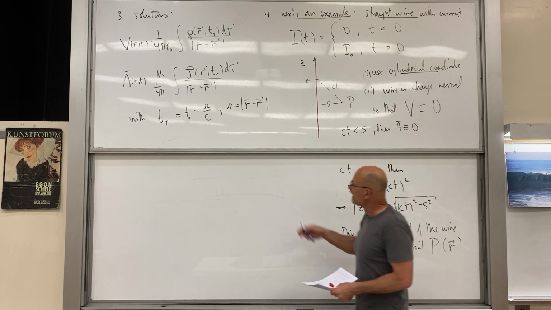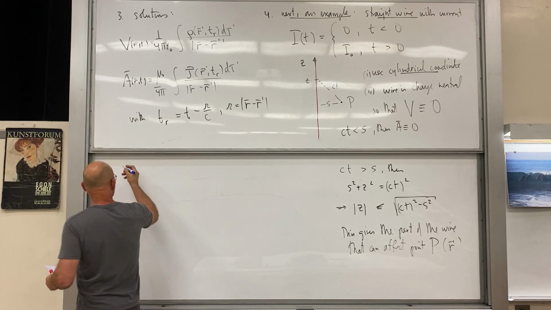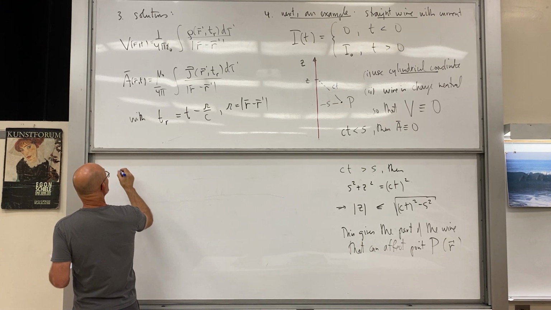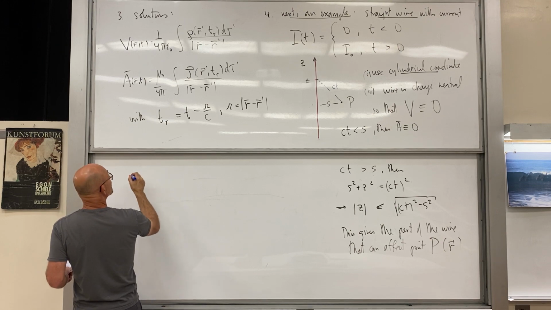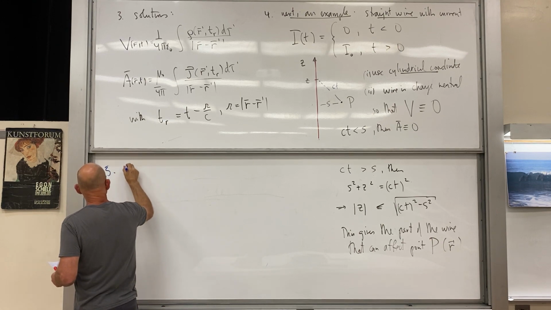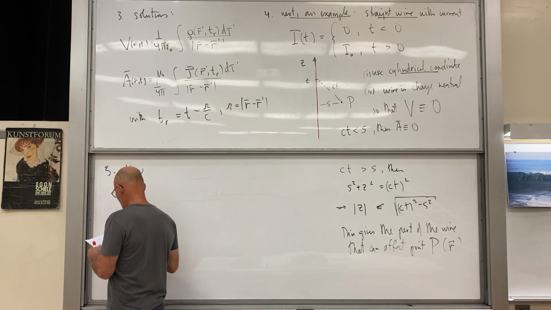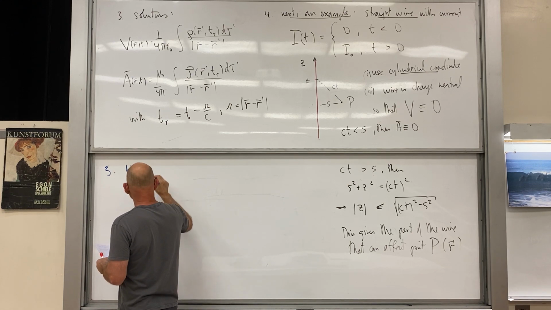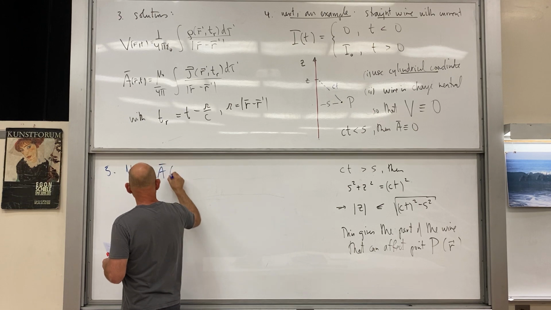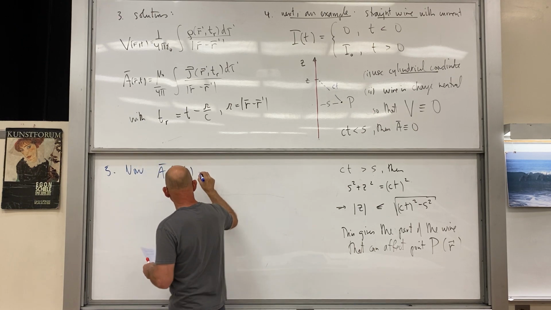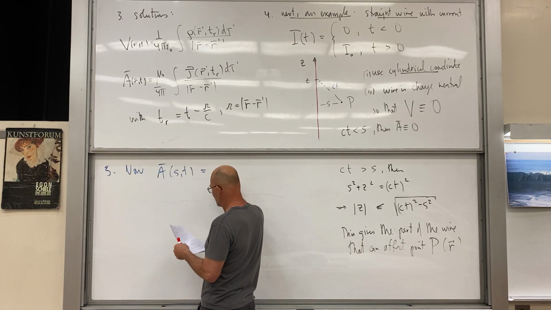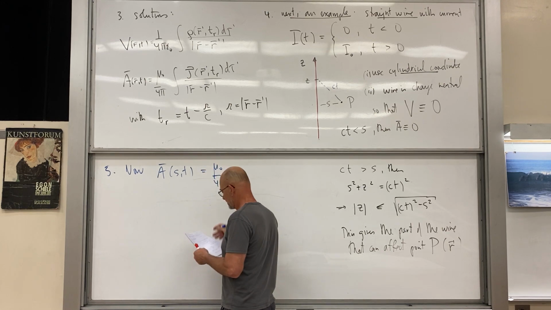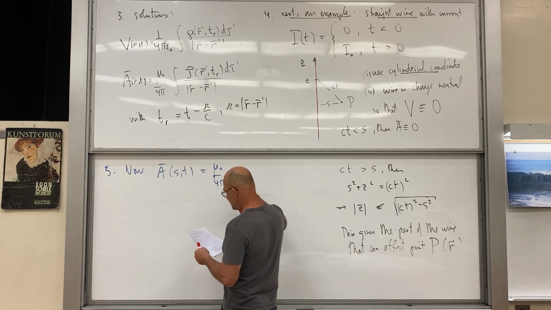So translating that up there to cylindrical coordinates, we're still numbering things. 4, 5. Now A of S and T is going to be the z component, so we have mu naught over 4 pi.